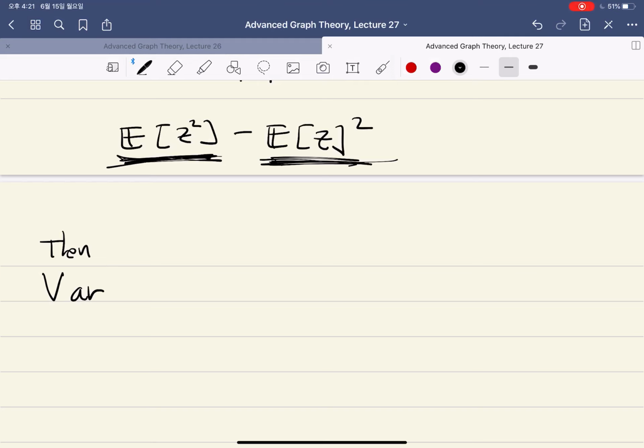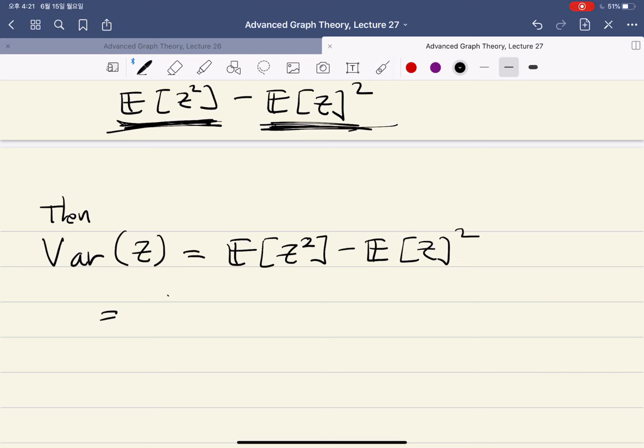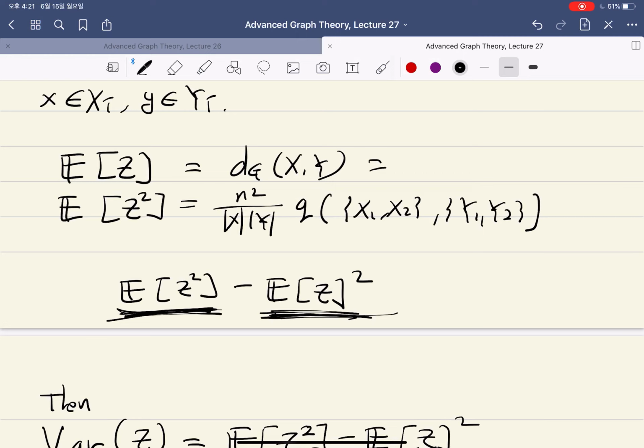So the difference between these two is actually the variance of this random variable. And then from above, this is actually this, because this is the same as XY, n squared q, XY.